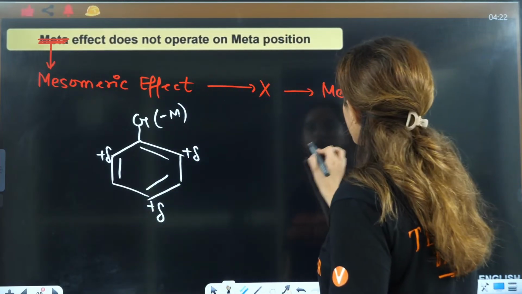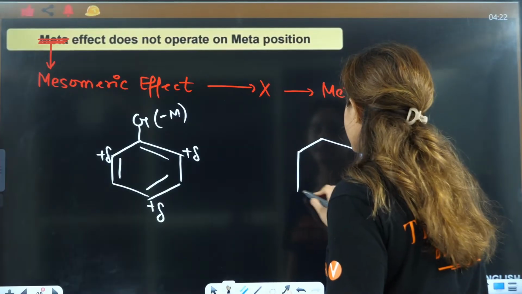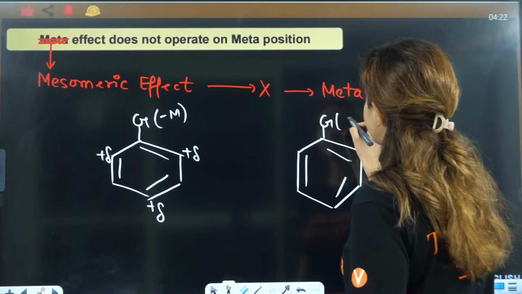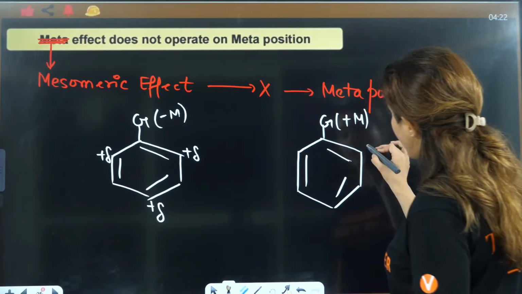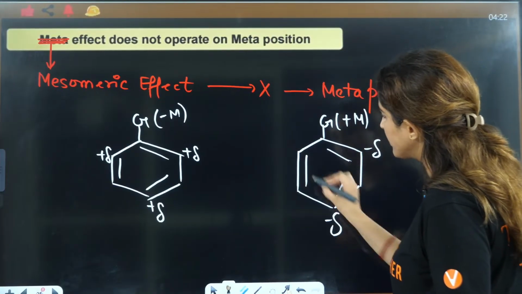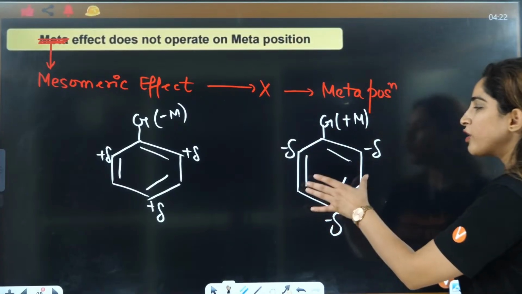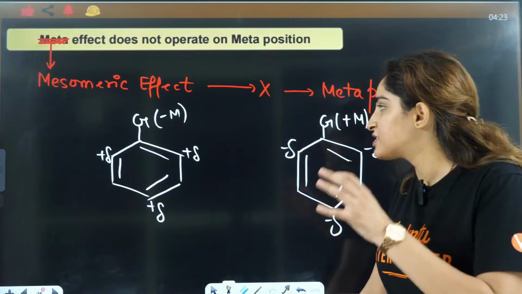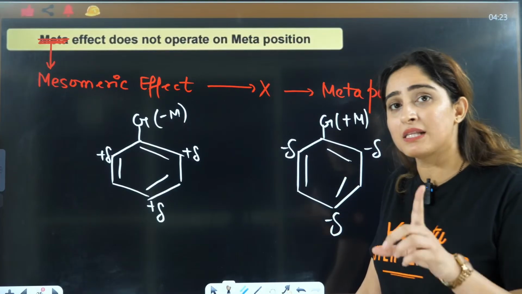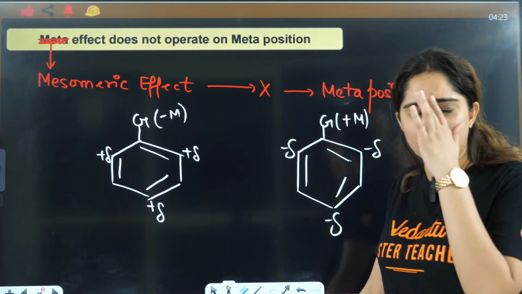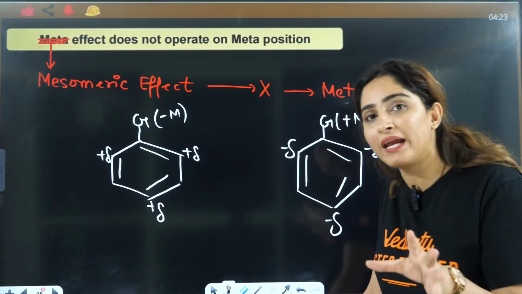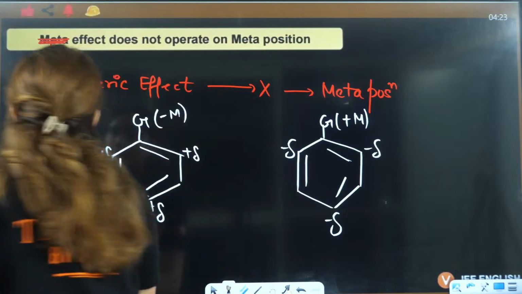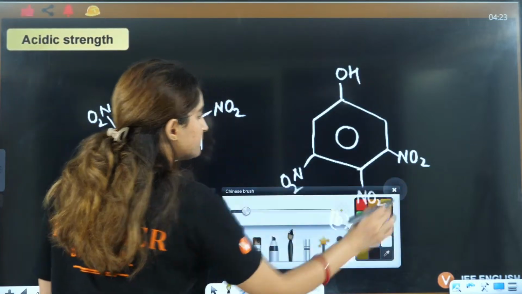And if you see a group that is showing plus M, it will have negative here, negative here, negative here. That means on meta, there is no change. The change is on ortho and para positions. That is why the mesomeric effect is not obeyed on the meta positions, right? We'll see how it affects our acidic strength here.